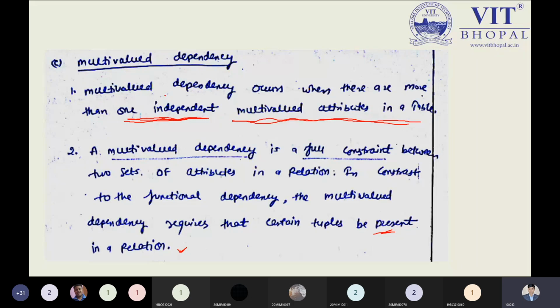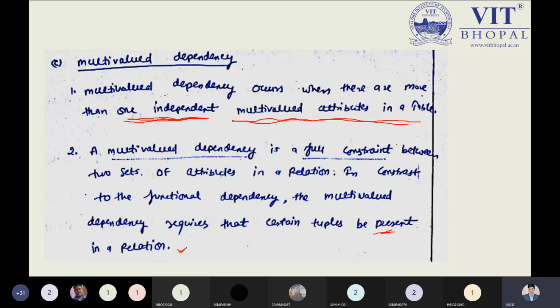So multi-valued dependency will be applicable where we study the multi-valued normal form, if you remember my words. So this dependency will be applicable while studying the various kinds of normal forms. Multi-valued dependency is applicable where we study the multi-valued normal form. That is the fourth normal form.